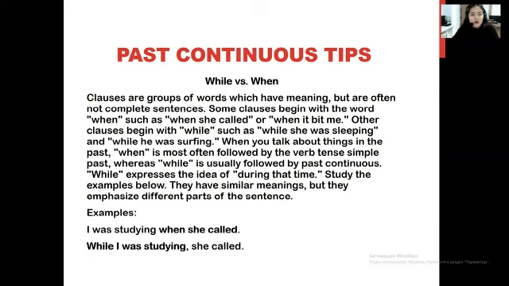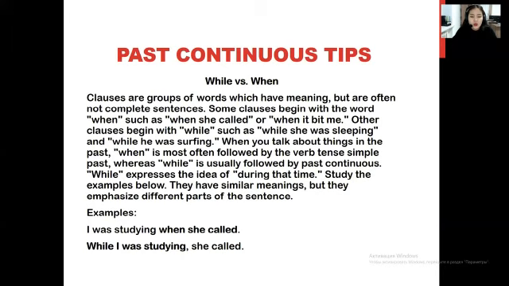Clauses are groups of words which have meaning but are often not complete sentences. Some clauses begin with the word when, such as when she called or when it beat me. Other clauses begin with while, such as while she was sleeping and while he was surfing.